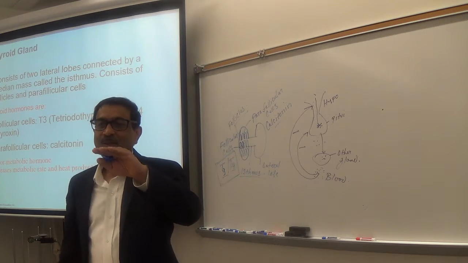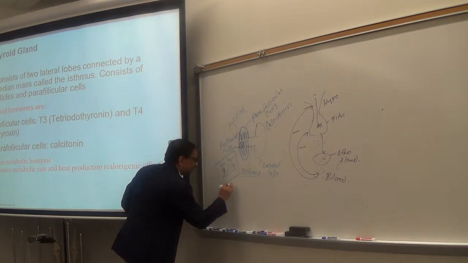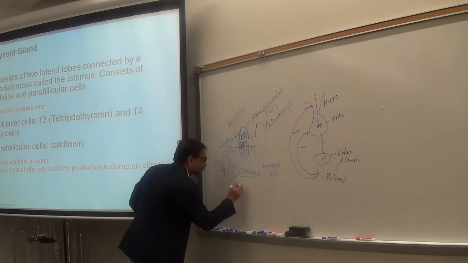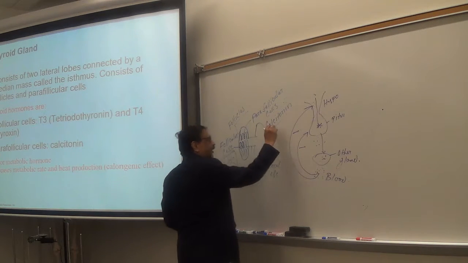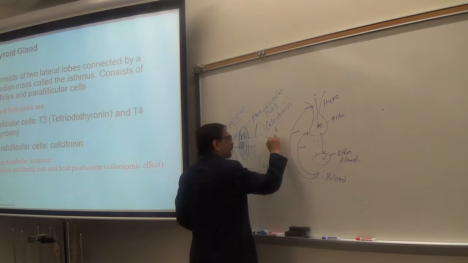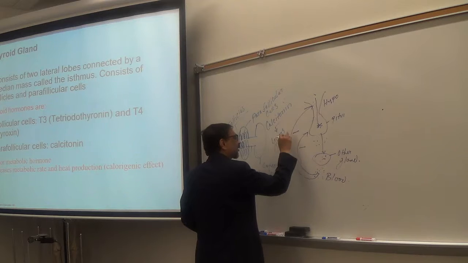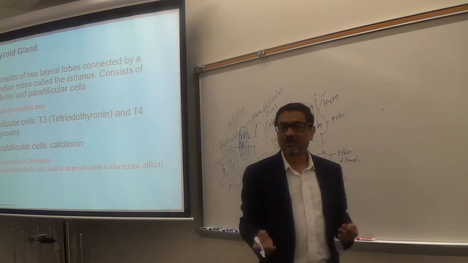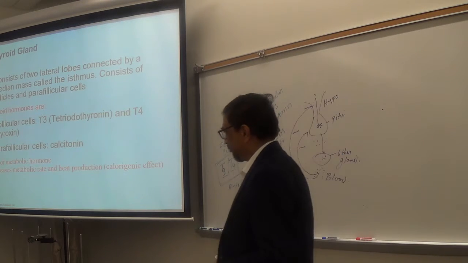So T3 and T4 cause the metabolism, and calcitonin lowers the calcium. So you now know those three hormones and their functions: T3, T4, metabolism; calcitonin, lowering the calcium.